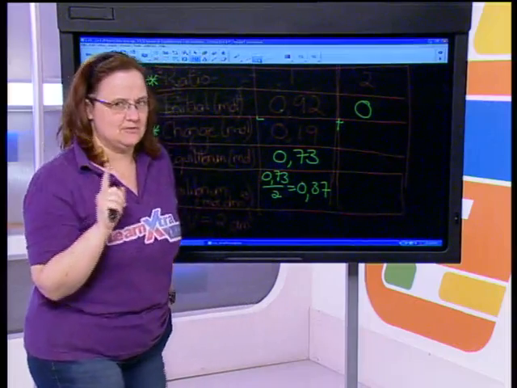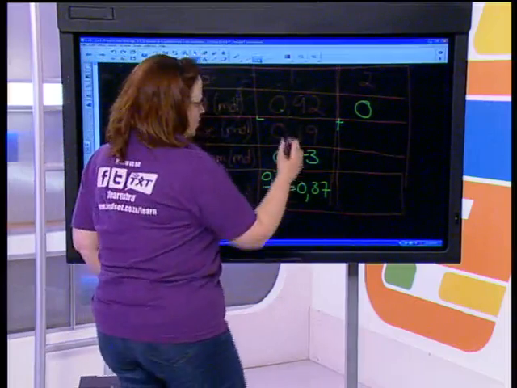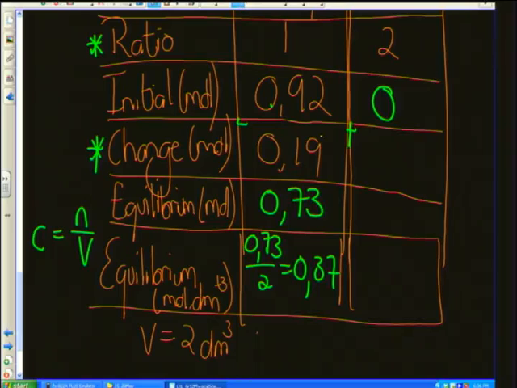So watch what happens, and I do this in pencil: I'm going to take the 0.19 and multiply by 2. Now use your imagination. Can you see when it crosses the line that it looks like a multiplication sign? Let's go with it. And then I'm going to divide by 1. That's almost like a division sign. So I'm going to multiply by 2, divide by 1, which means this becomes 0.38.